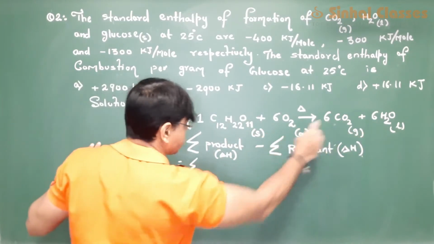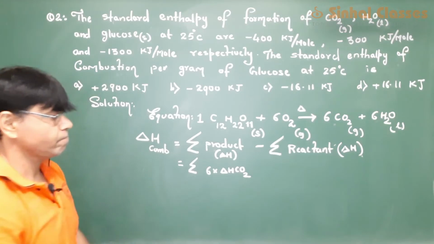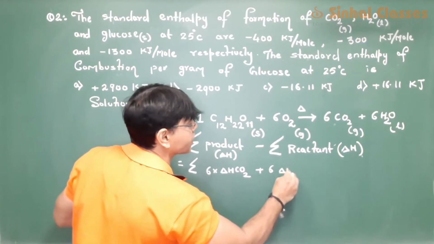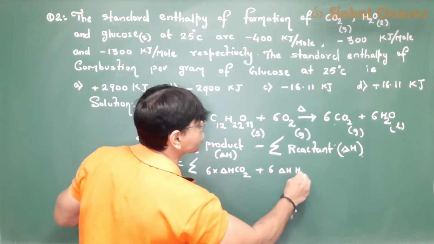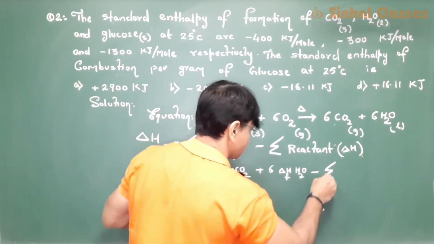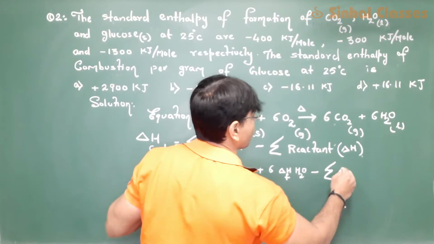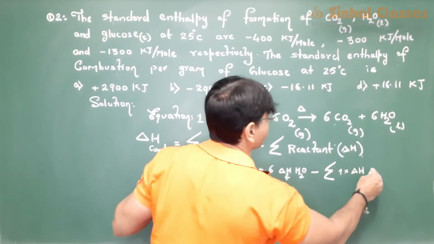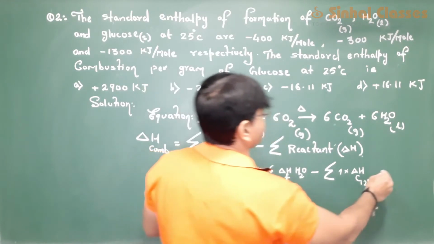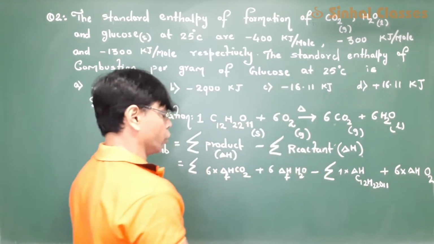So it is 6 into the enthalpy of formation of carbon dioxide plus 6 into the enthalpy of formation of H2O, minus summation of reactants, that is 1 into enthalpy value for glucose C12H22O11 plus 6 into enthalpy value for oxygen O2.